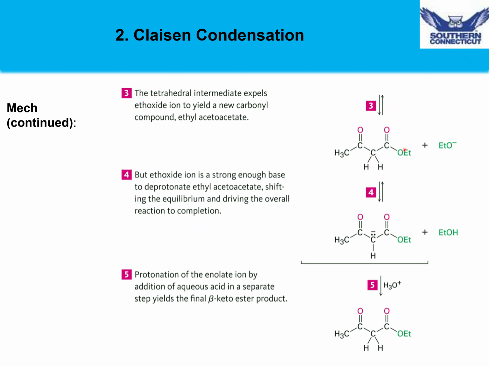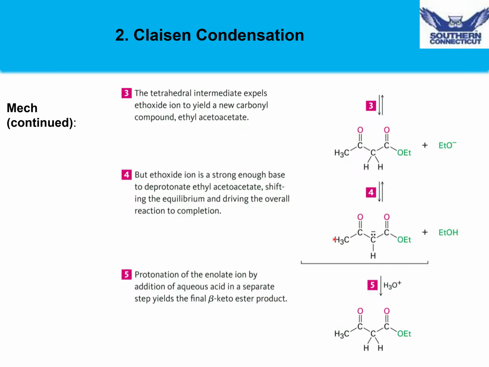After eliminating the leaving group, we end up with a beta ketoester, which is the typical product of the Claisen reaction. But in reality, under the basic conditions that we use for the Claisen reaction, notice that generally one of the alpha hydrogens on this beta ketoester is usually deprotonated by base, ethoxide for example, to form an enolate, and it is later when we convert this enolate back to the beta ketoester by adding acid.